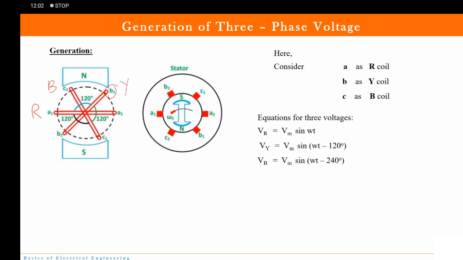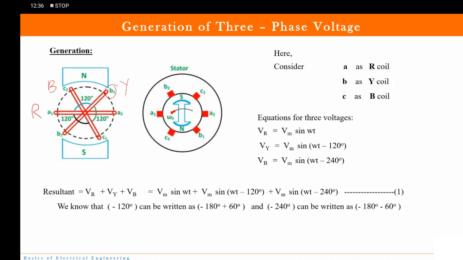We have already seen why the signals are represented like this. The R signal is the first signal in the sequence, so it does not have any phase shift. In fact, it is the reference point. Then comes Y, which is 120 degrees behind VR, or it lags VR by 120 degrees. Then comes VB. Now remember, minus 240 shows the phase shift with respect to R and not the phase shift with respect to Y. Fine?